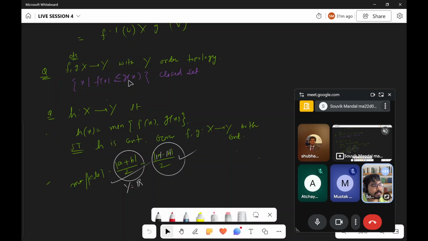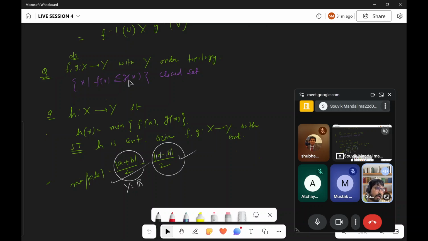Think about what F inverse and G inverse mean, what set under F. Then what will that give? That will give nothing. Am I right? Yes, okay, you need to think.